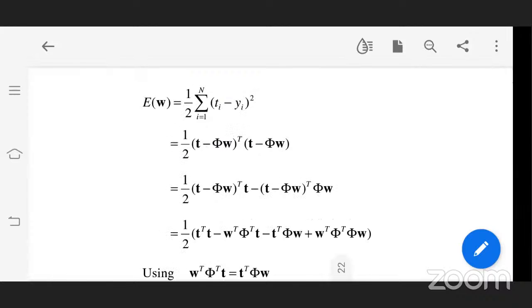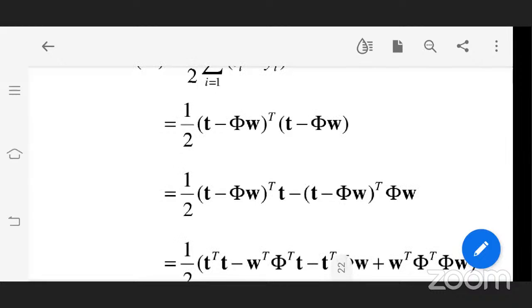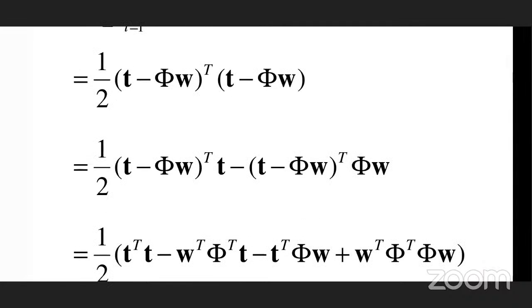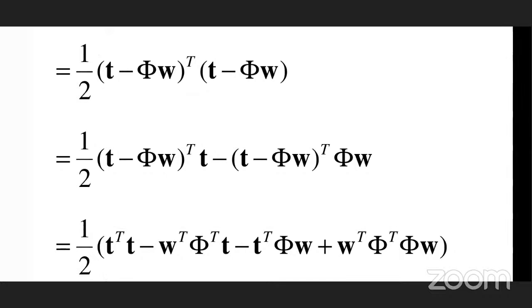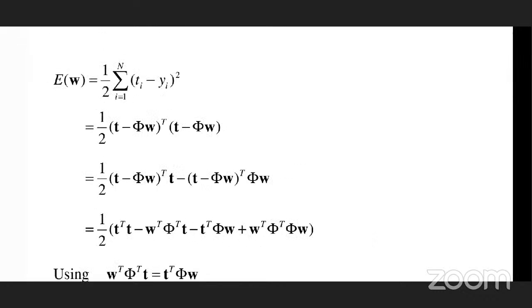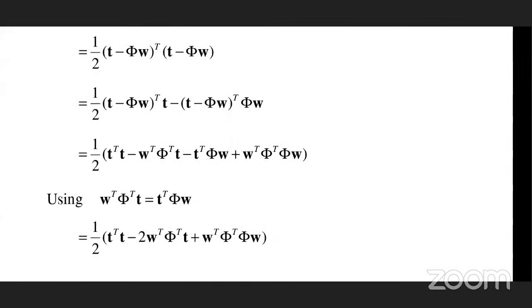Now what I will do here is multiply this out as t minus phi transpose w, multiply t and then phi w, and then put this t inside to get this expression. And then I'll do some tricks of linear algebra and write this. You can please verify it, no problem.